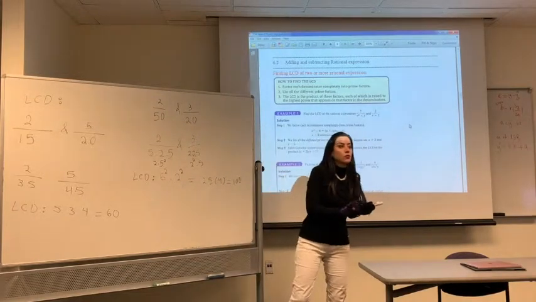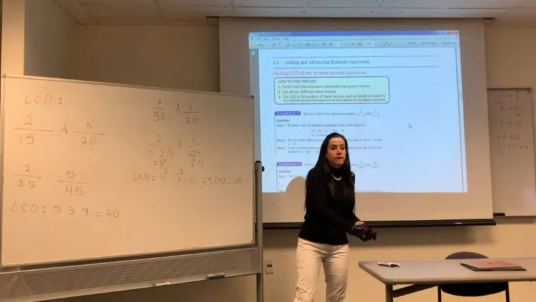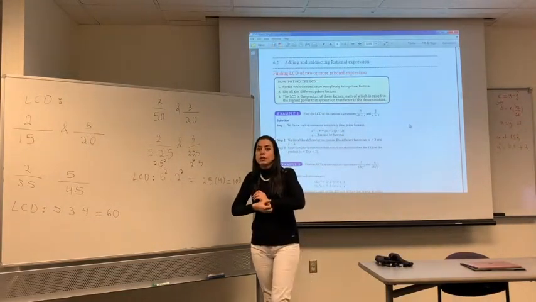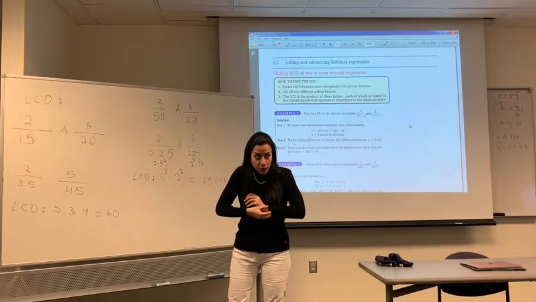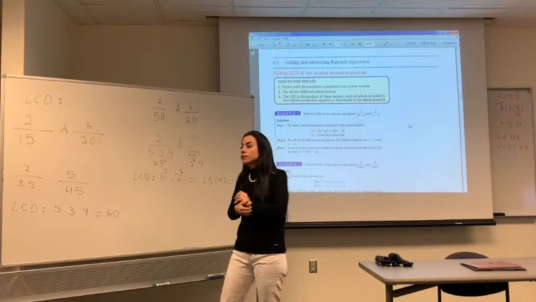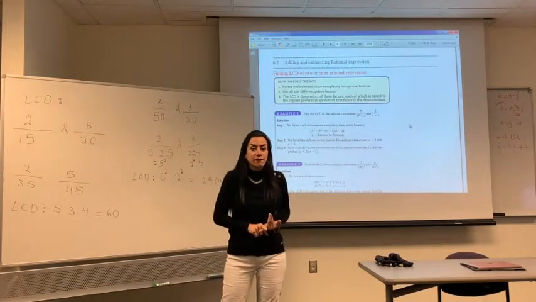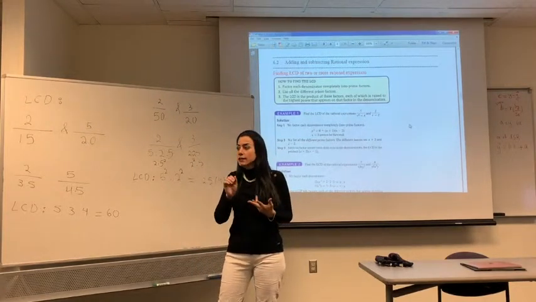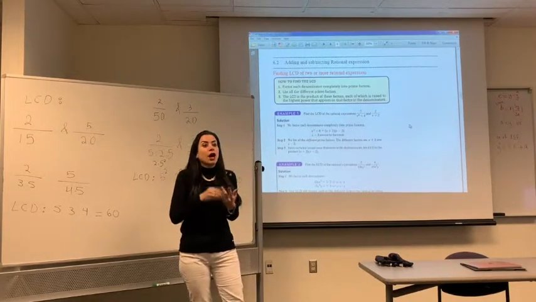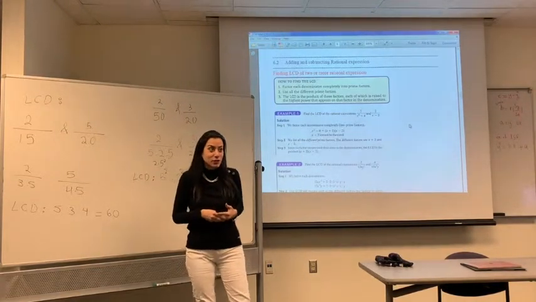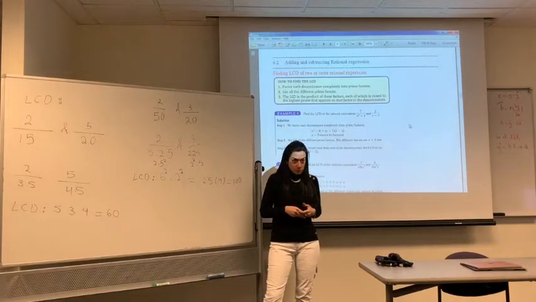LCD. So what we do, first of all, we break down all the denominators to the lowest factors, prime factors, correct? Yes. Then we list and write down all the common and uncommon factors, correct? And then we choose the highest degree of common or uncommon factor, correct? Yep.